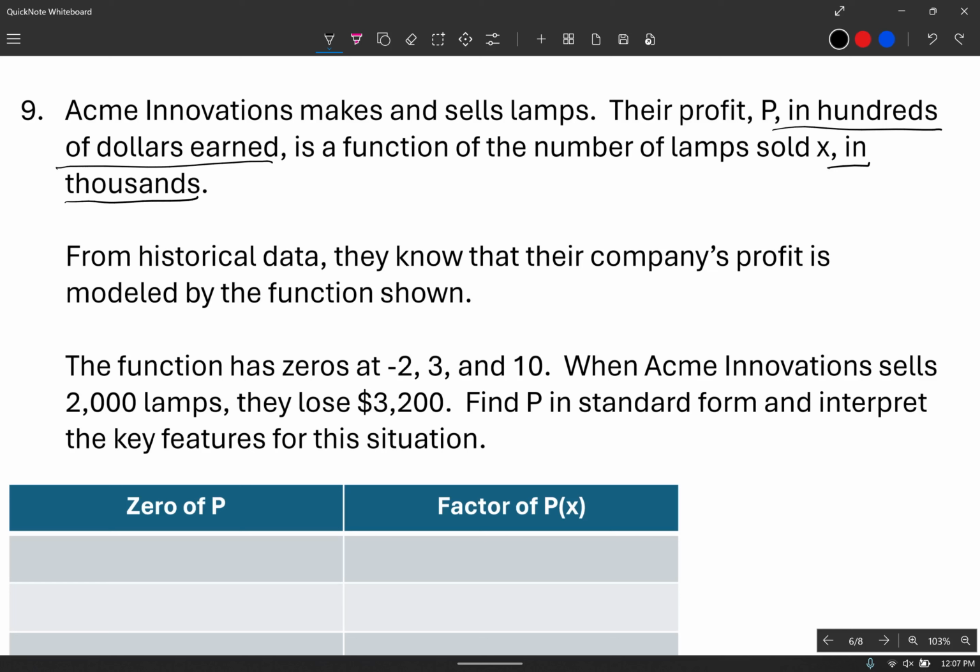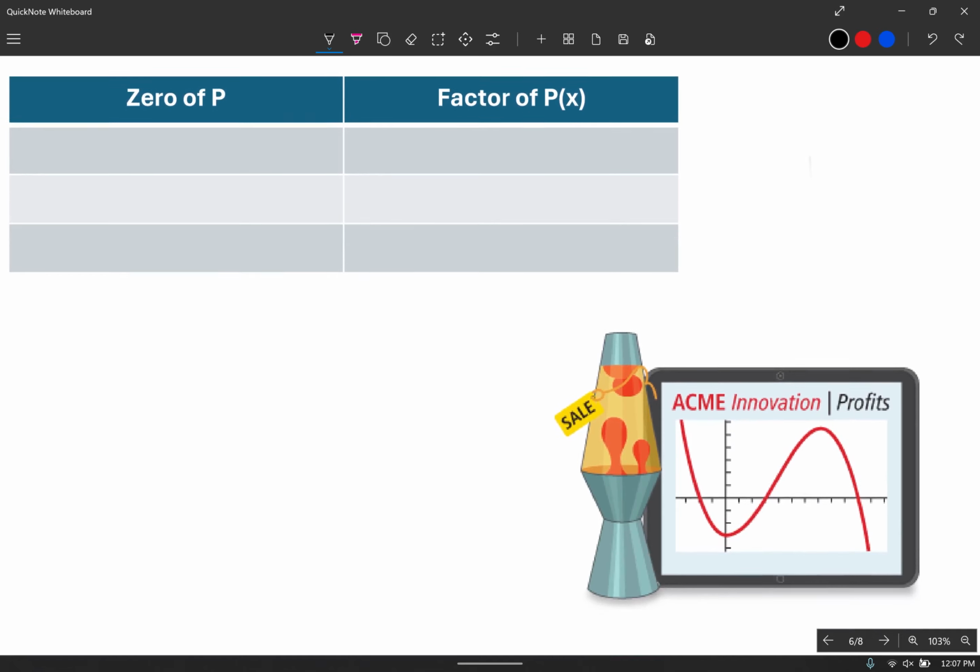From historical data, they know that their company's profit is modeled by the function shown. The functions have zeros at -2, 3, and 10. When Acme Innovation sells 2,000 lamps, they lose $3,200. Find P, which is the profit, in standard form and interpret the key features for this situation.